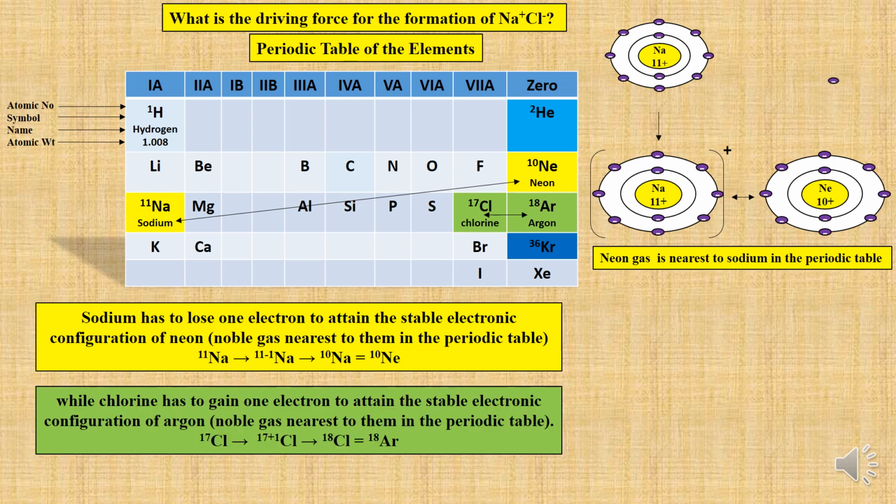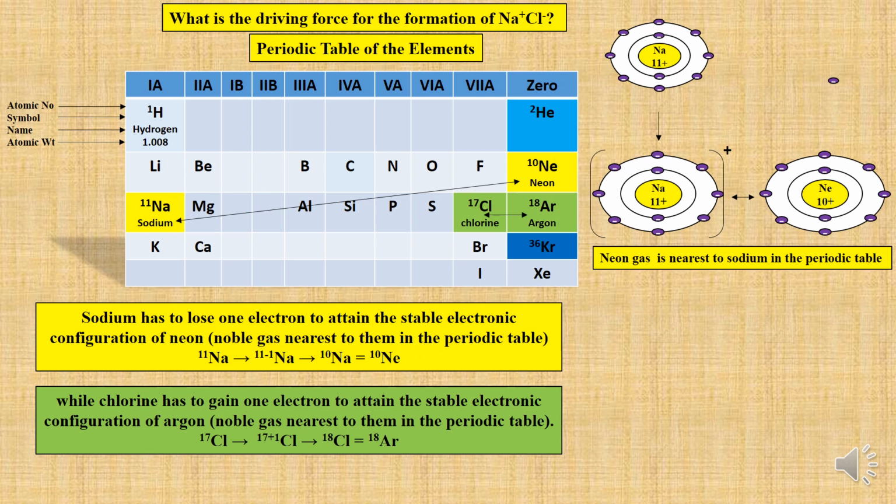Now what about chlorine? Chlorine has to gain one electron to attain the stable electronic configuration of argon. Argon is the only noble gas nearest to chlorine in the periodic table. So chlorine can simply gain one electron and thereby attain the electronic configuration of argon.